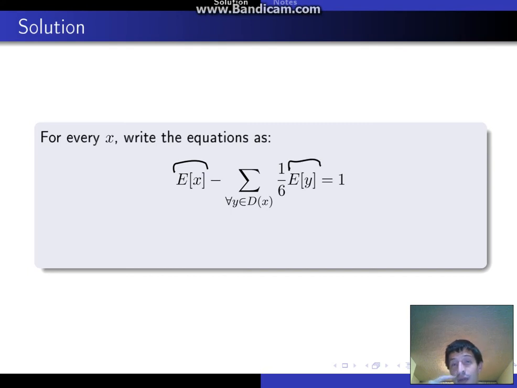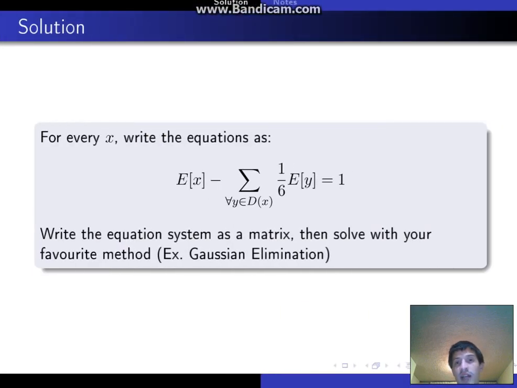So you have a system of equations, and you can write that system as a matrix and then solve it with your favorite method. For instance, Gaussian elimination. You can also use matrix exponentiation, which is another way to solve the problem. But one way to do it is just to use Gaussian elimination.